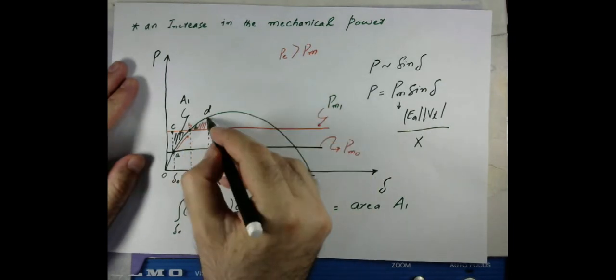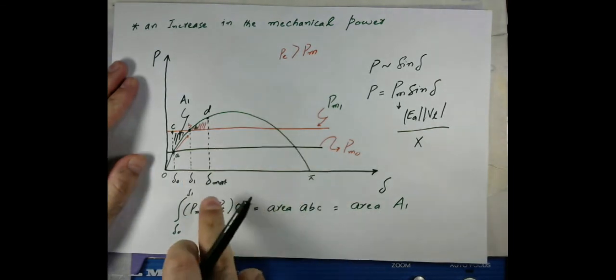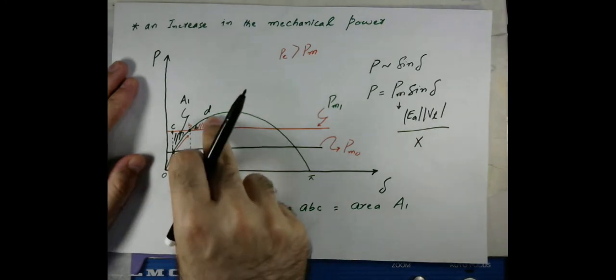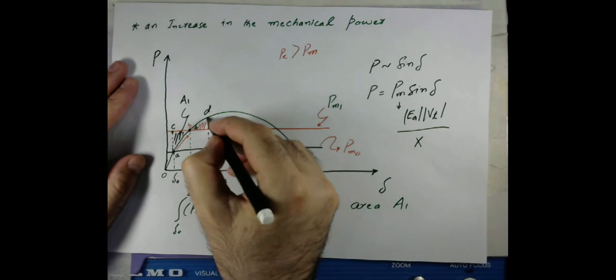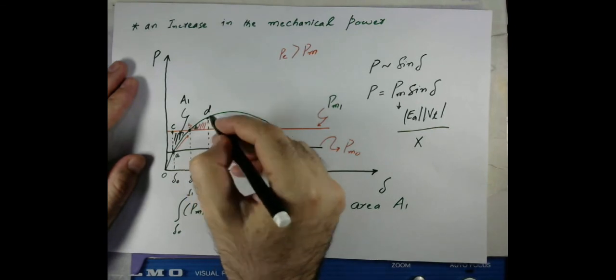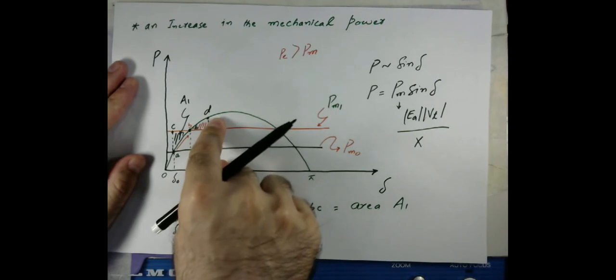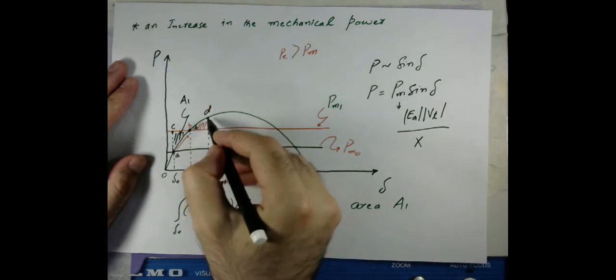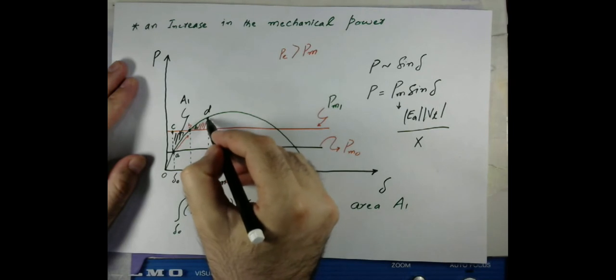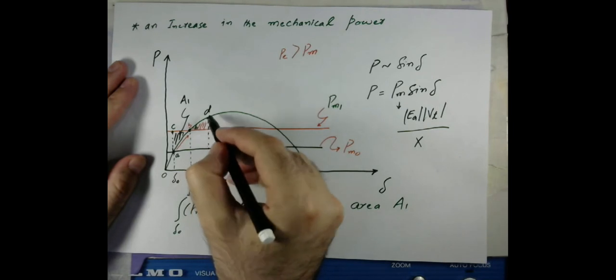At this point the angle of the machine is del max and the speed is synchronous, but the machine will not stop here, because we still have negative accelerating power. Even though the machine has reached synchronous speed, it will not stop at this point.